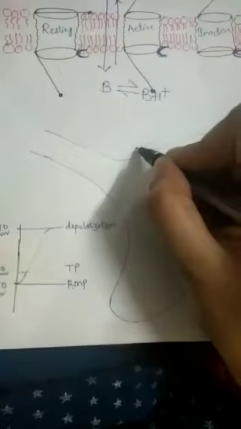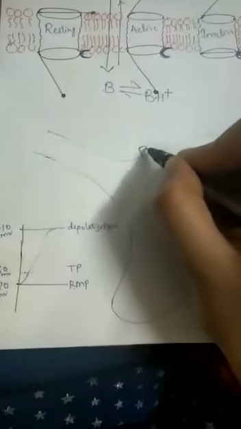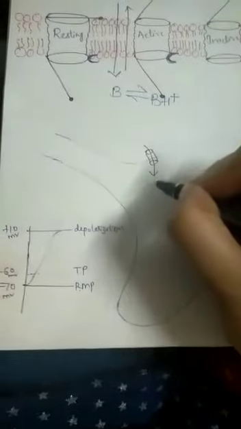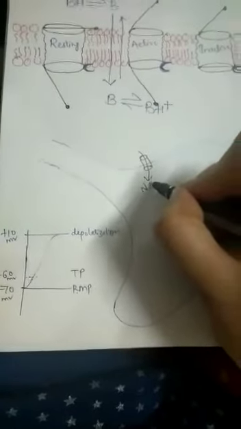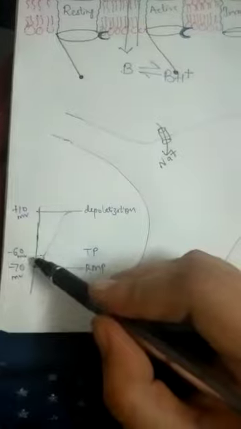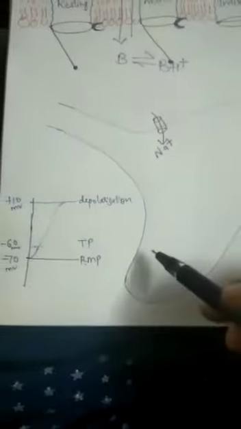After stimulation it causes opening of mechanical gated sodium channels, because of which there will be influx of sodium ion. When there is influx of sodium ion there will be changes in the potential of this neuron, and when that change reaches nearly minus 60 millivolt, that is the threshold potential of this particular neuron.